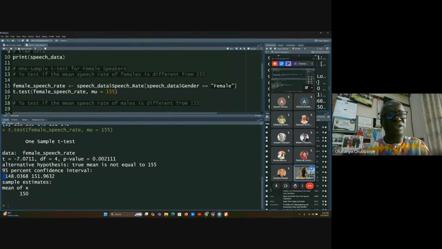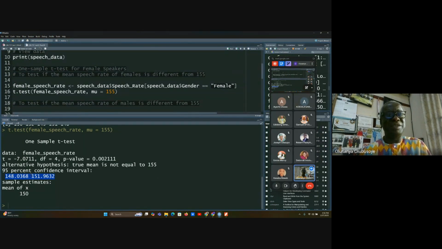And that range is 148.0368 to 151.963. So in this case, you can see this is the 95% confidence interval for the mean.